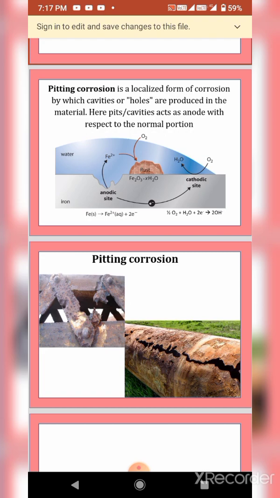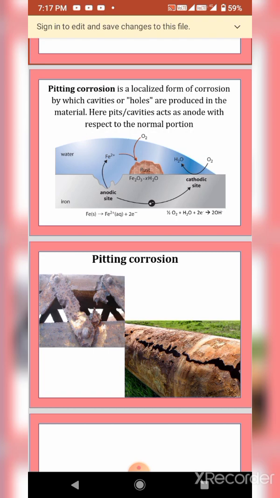Here the pits or cavities act as anode with respect to the normal portion. As I said before, the scratch or crack portion will act as anode. At this position the oxygen level will be very small, it means less oxygenated, so it will undergo the reaction as we will see in the video.